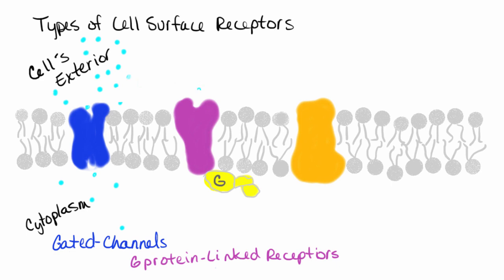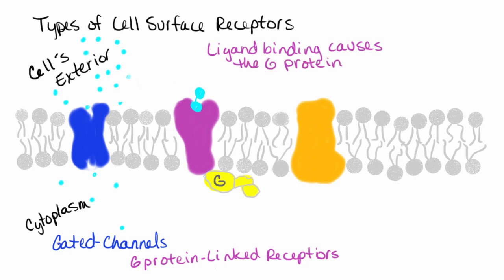And when the ligand binds, so here I have a ligand coming in, as soon as it comes in and actually binds in position, what we're going to see is that ligand binding causes the G protein to dissociate.